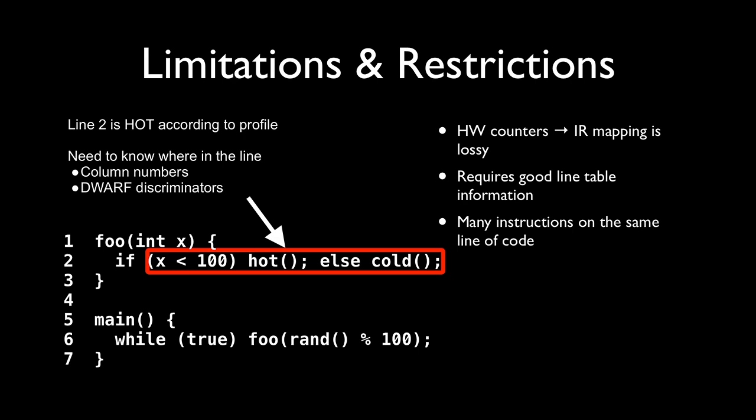So you may have a mini control flow graph with cold and hot paths in the same line and column number. So to begin with, you need good line table information. If the DWARF debug info is bad, then you're going to have this problem.